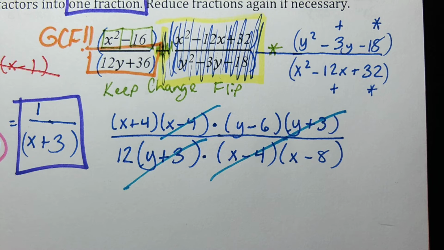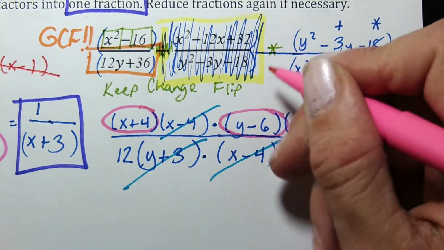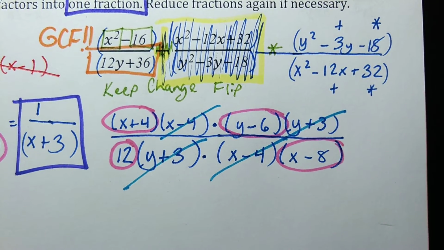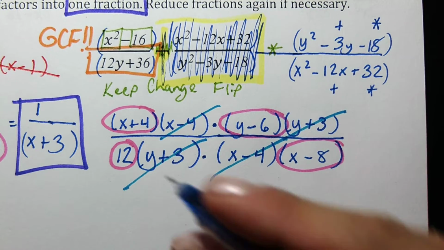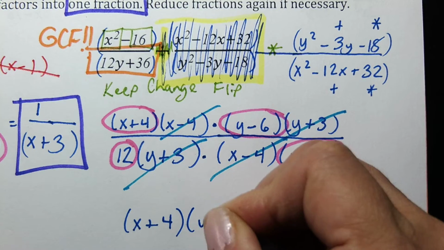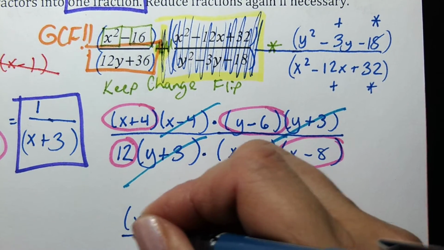So what are we left with? We're left with X plus 4 and Y minus 6, and then 12 and X minus 8. So on the top, if you're like, are we going to have to FOIL that stuff together? Short answer is no. Leaving it in factored form is considered the most simplified version. So we're going to leave it as X plus 4 and Y minus 6 on the top.